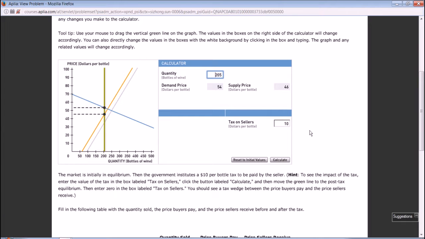Okay, so now let's put it in to see the impact of the tax. Enter the value of tax in the box labeled tax on sellers. So here's $10. Click the button labeled calculate, then move the green lines to the post-tax equivalents.